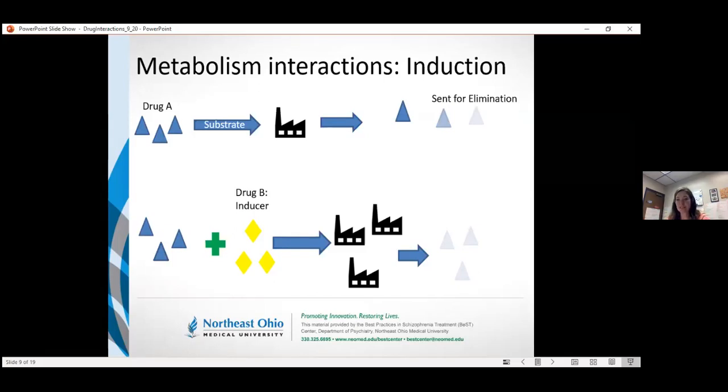So in this case, you see that the drug A, almost all of them are faded. They're all about ready for elimination because the body can process a lot more of the drug much more quickly. So those concentrations are going to lower and we're going to get less of an effect from that medication at the same dose. So we may have to make some adjustments. So that's on the induction side.